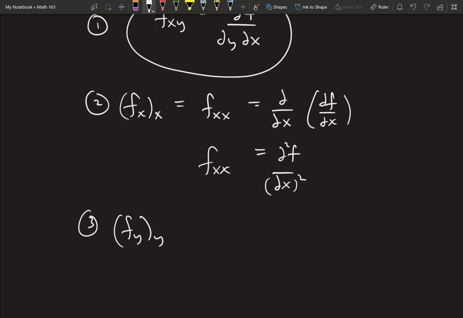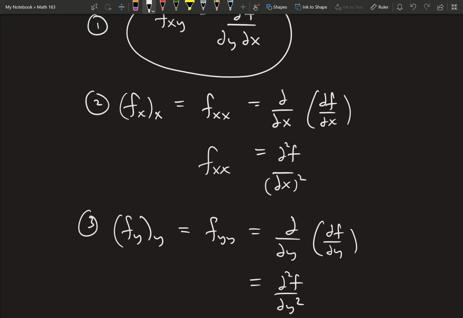You can take its derivative with respect to y, which is f sub yy, the partial with respect to y of ∂f/∂y, which is ∂²f/∂y².